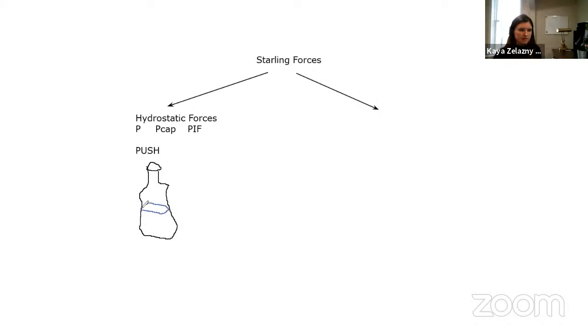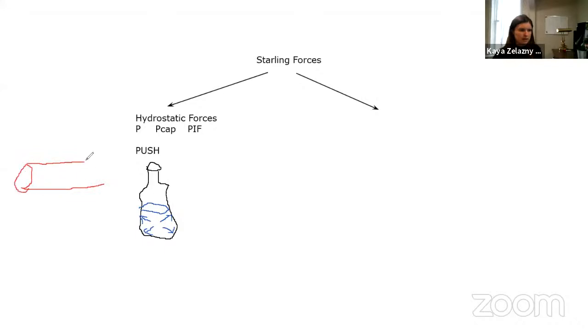Here we have it filled with some fluid. Okay, the hydrostatic forces would be the forces pushing out on the wall as a result of the fact that there's water with a volume, with a weight, pushing out in this region. So when we're looking at the capillary, gonna quick sketch our little capillary here, right?